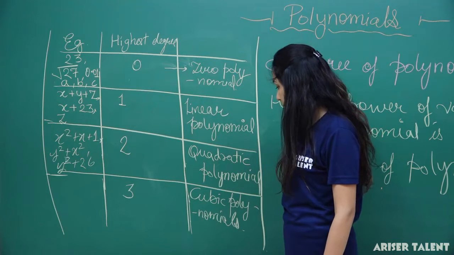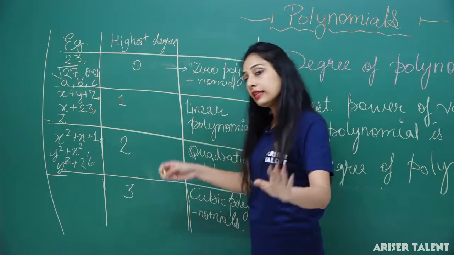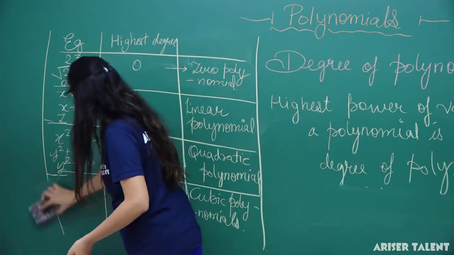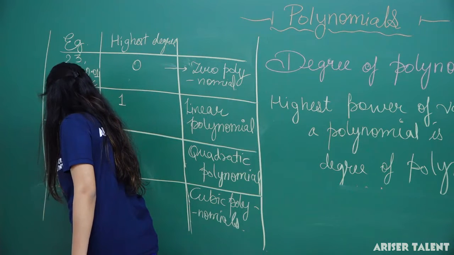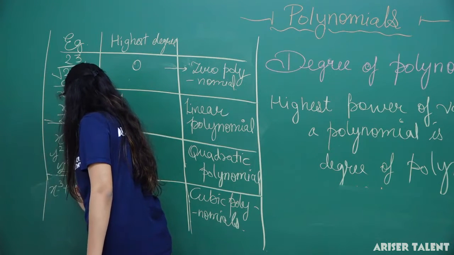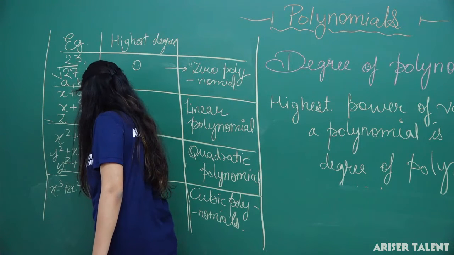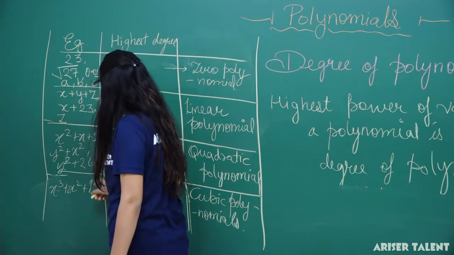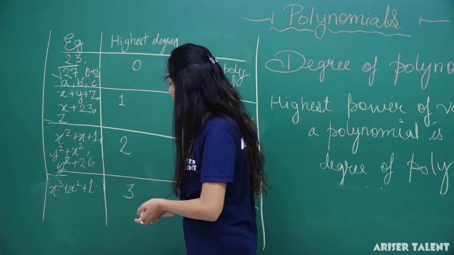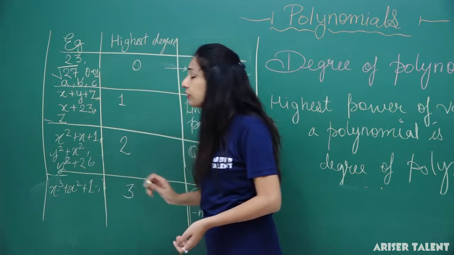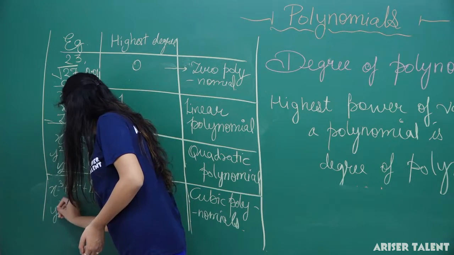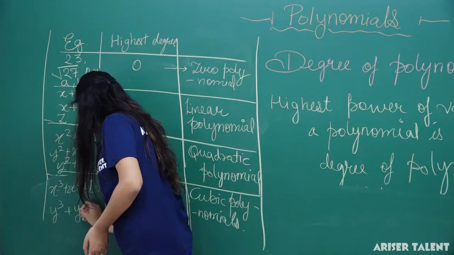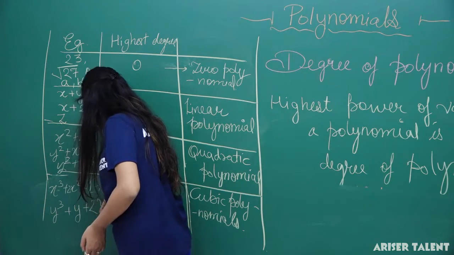If I talk about 3, that is cubic polynomial, highest degree as 3, so that can be written as, I am giving you 1 or 2 examples, x cube plus x square, 2x square plus 1, sorry, we are not going to write equations here. Okay, so that is one. Or else you can say like y cube plus y plus 23, again my favorite number.